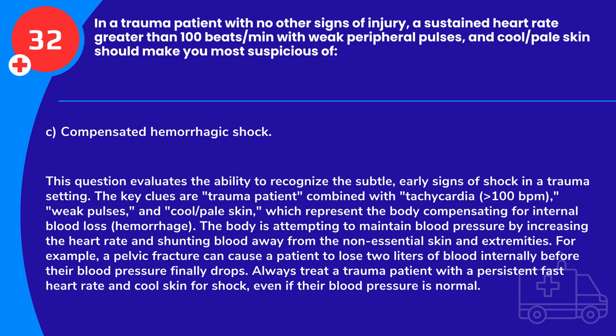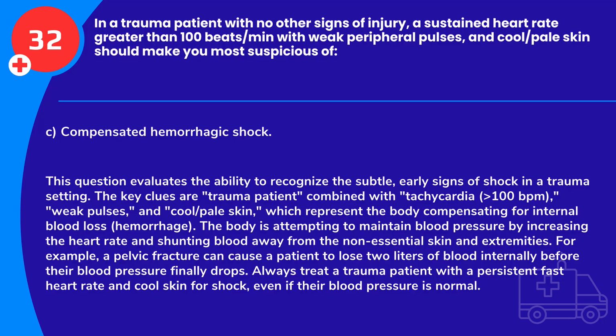Answer: C. Compensated hemorrhagic shock. This question evaluates the ability to recognize the subtle, early signs of shock in a trauma setting. The key clues are a trauma patient combined with tachycardia, over 100 BPM, weak pulses, and cool/pale skin, which represent the body compensating for internal blood loss, hemorrhage.